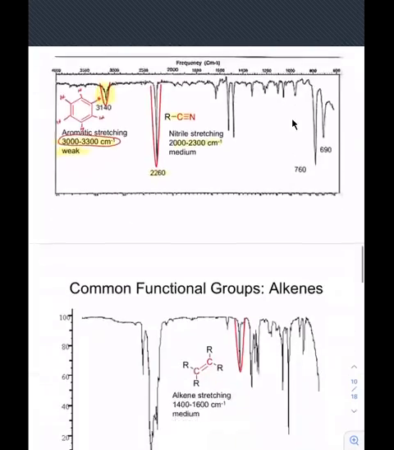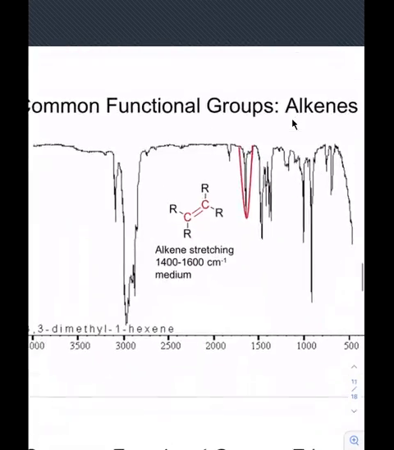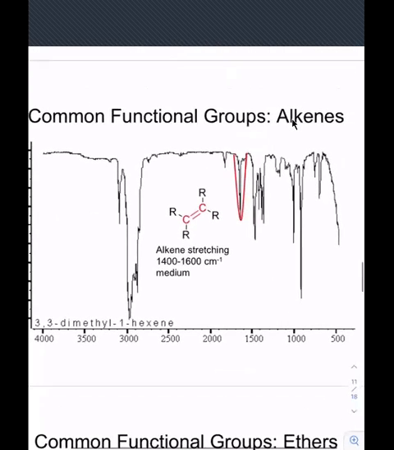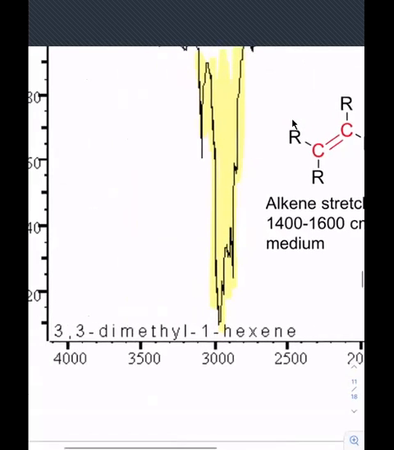All right. Here, this is that big raggedy stretch that I was telling you about. This raggedy looking, jagged looking stretch right here at 3000. This is your alkane stretch.